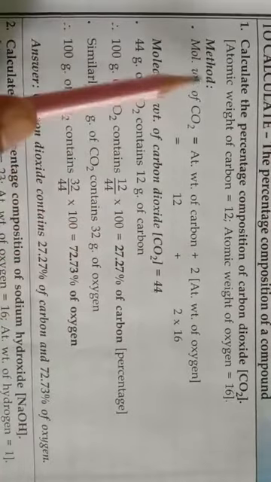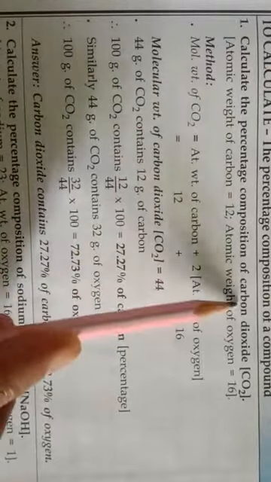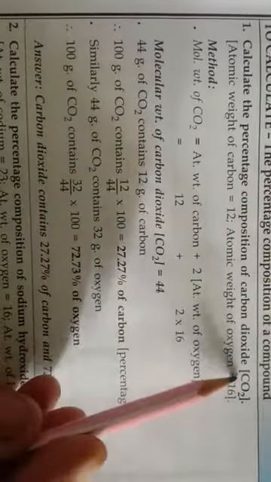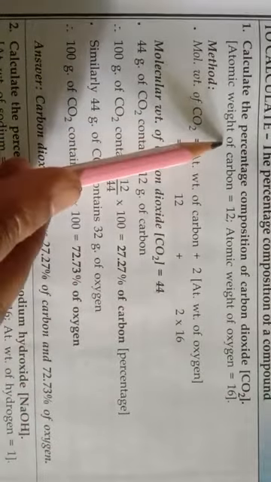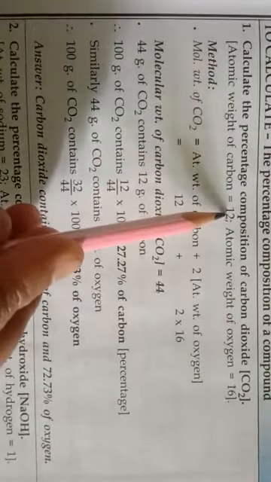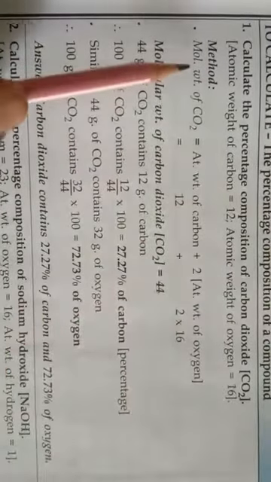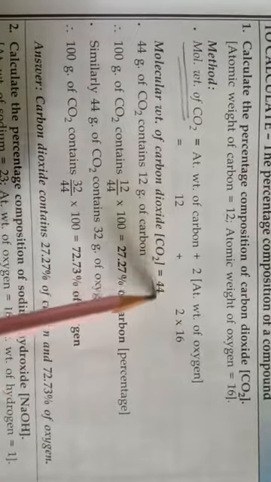Okay children, the first example is to calculate the percentage composition of carbon dioxide. The formula of carbon dioxide is CO2, and the relative atomic masses are carbon 12, oxygen 16. So first we have to calculate the molecular weight of CO2: 12 plus 2 into 16 means 44.